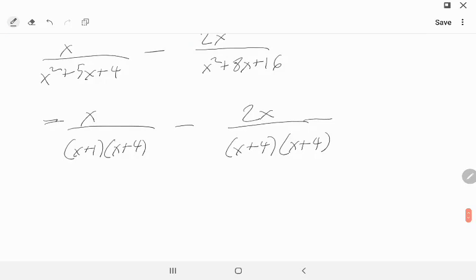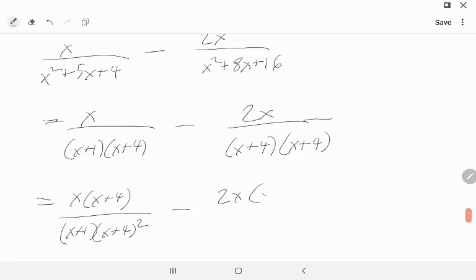And so we're going to need an extra factor of x plus 4 for the first one. For the first rational expression, we get x times x plus 4 divided by x plus 1 times the quantity x plus 4 squared, minus, we're going to need 2x times the quantity x plus 1, and then we're going to get that same denominator, the quantity x plus 1 times the quantity x plus 4 squared.